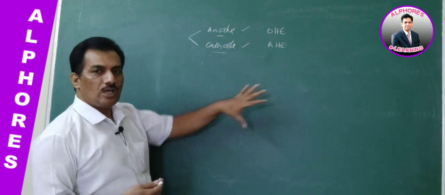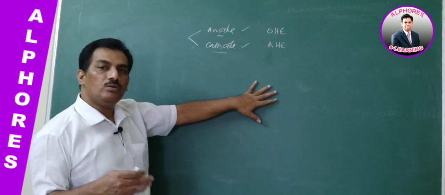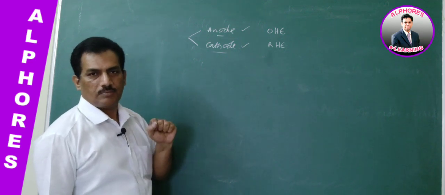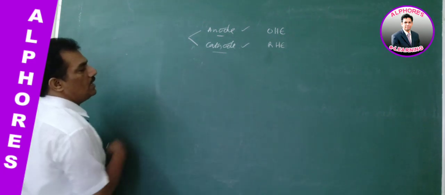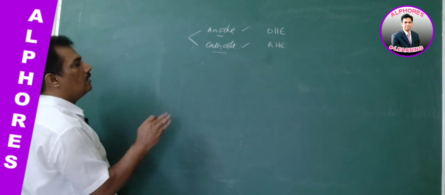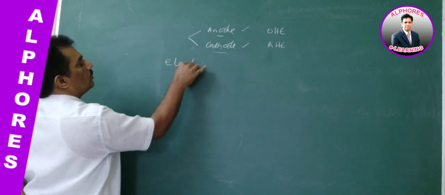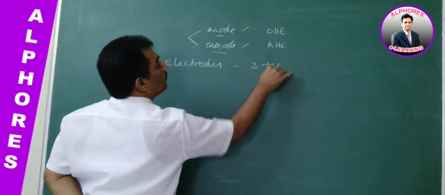And if we have a thorough idea or a strong grip on this, automatically you can easily solve the numericals related to the calculations. Clear? And now let us go for this. Here, to understand this behavior, we are again classifying the electrodes into three types. Only three types.